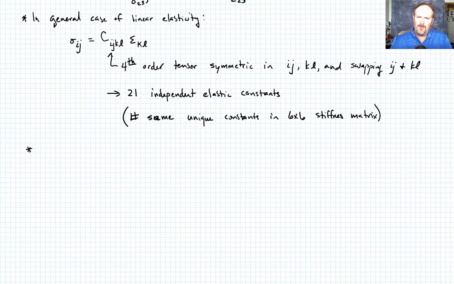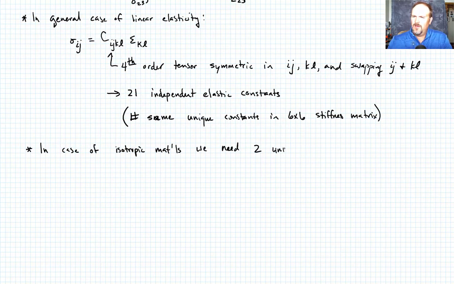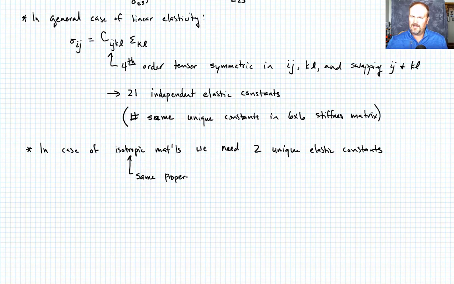I'm not going to show how we get to that state. I'm just going to give you the form without proof, because it's just something that is important for you to know right now. But here we go. In the case of isotropic materials, we need 2 unique elastic constants. Let me remind you a little bit: what does isotropic mean? Isotropic means it's the same properties in all directions.